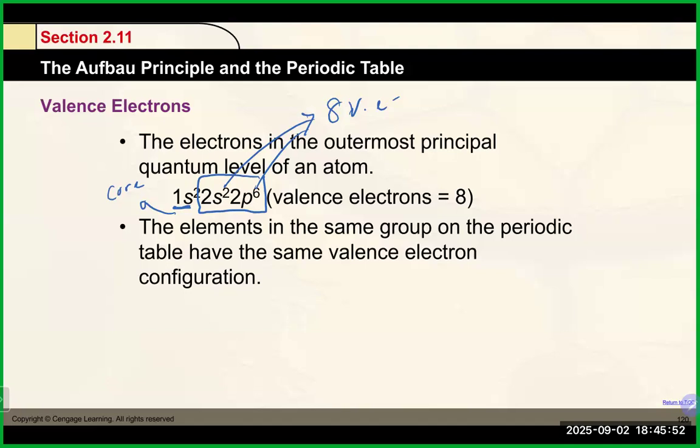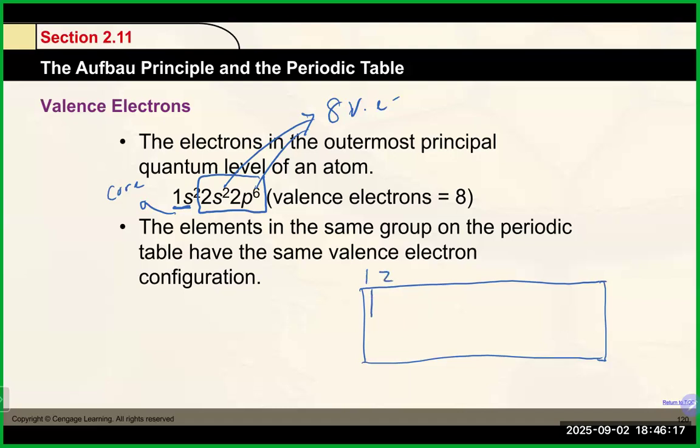So one way you can figure out the number of valence electrons, which is an important thing, especially in the next chapter when we talk about bonding, is by writing the electron configuration. Nobody really wants to do that most of the time, so that's why we have a periodic table hanging on the wall. The periodic table will tell us the number of valence electrons, and it is equal to the group number.